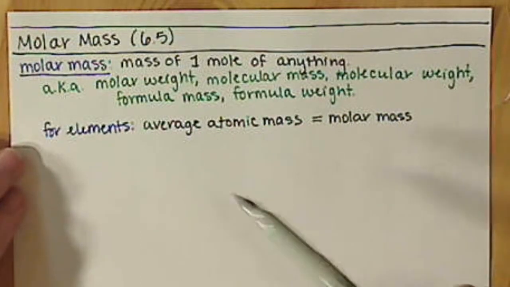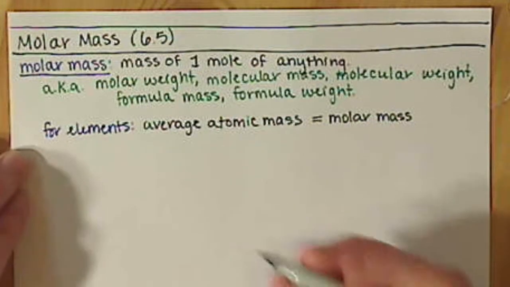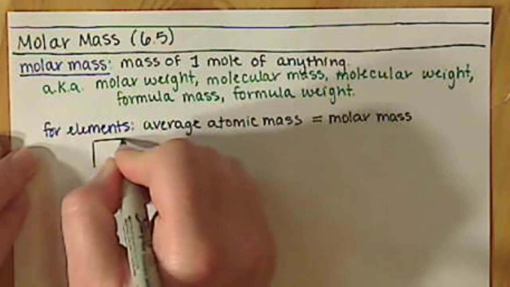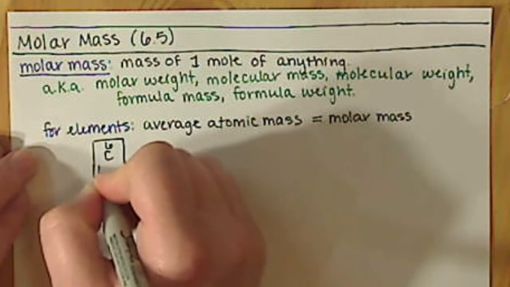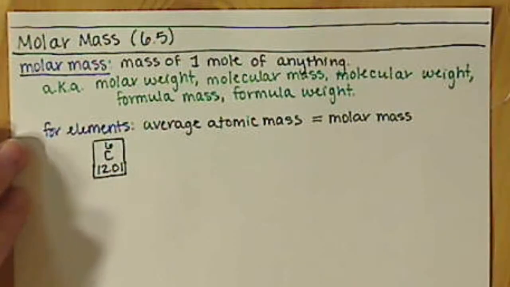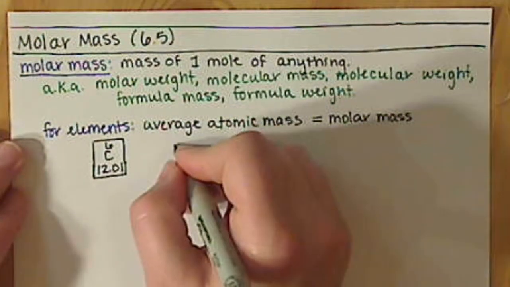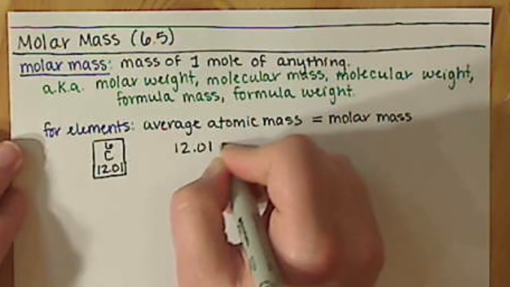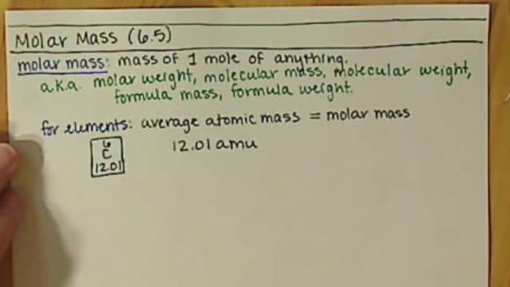So in chapter 3, we talked about average atomic mass. If we were looking at, say, carbon on the periodic table, carbon looks something like this, and we said the average atomic mass of carbon was 12.01 AMU. Remember our atomic mass units.